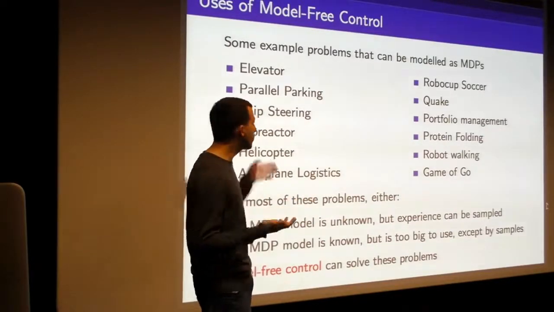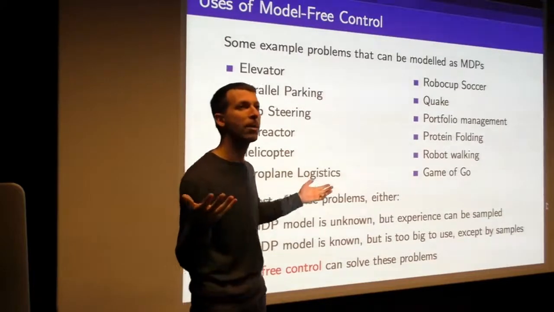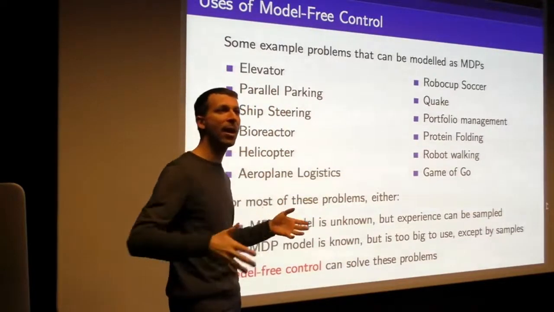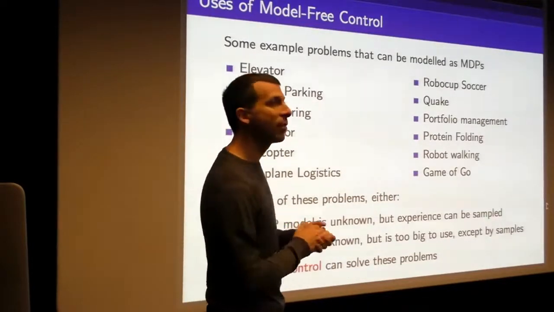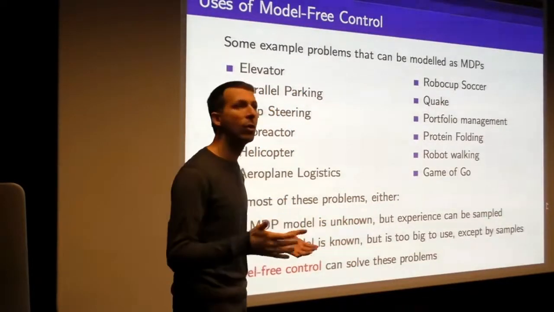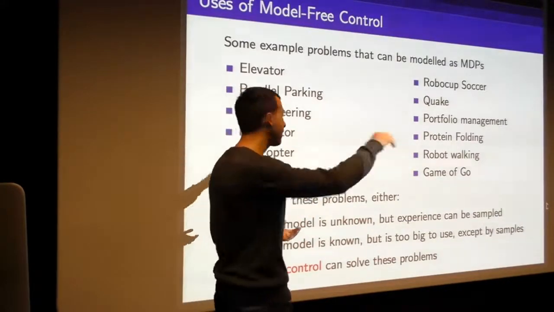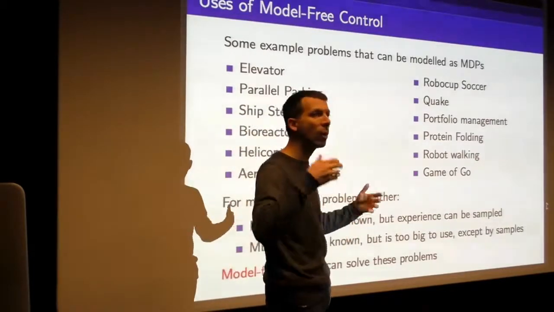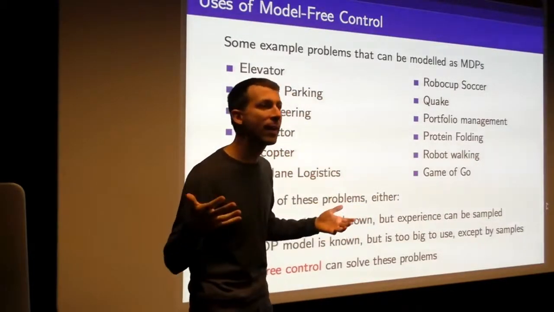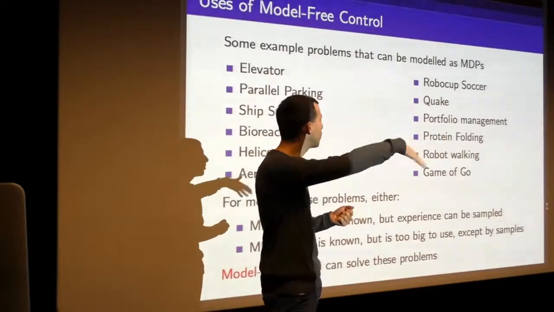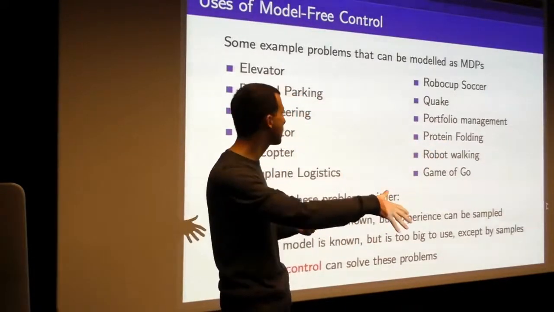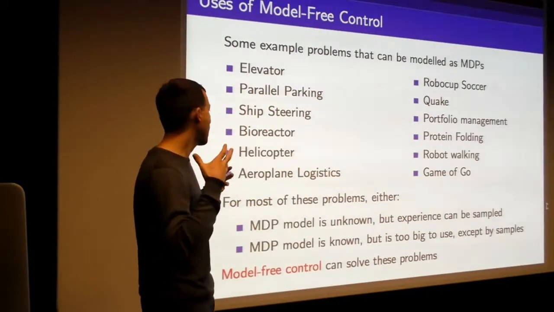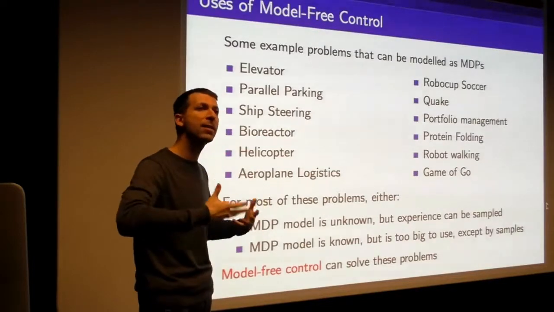The answer is that it applies to most interesting problems, and I put up just a few here that all fall under this umbrella: controlling an elevator, getting a car to park itself, automatically steering a ship, controlling a bioreactor, navigating a helicopter, doing the logistics for an aeroplane, playing Robocup soccer, controlling a bot in Quake, managing a financial portfolio, learning how to fold proteins, figuring out how to make a robot walk by itself, or playing a complicated game. All of these problems have MDPs. There are MDP descriptions of these problems.